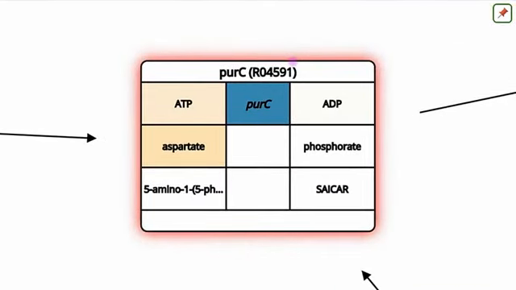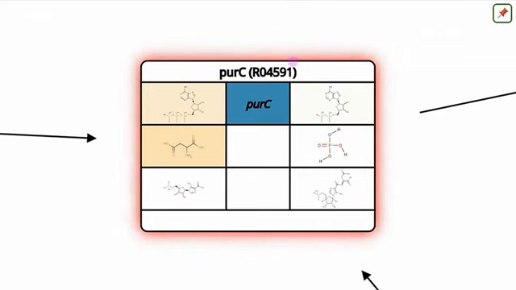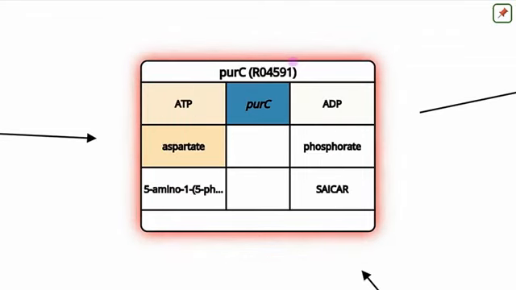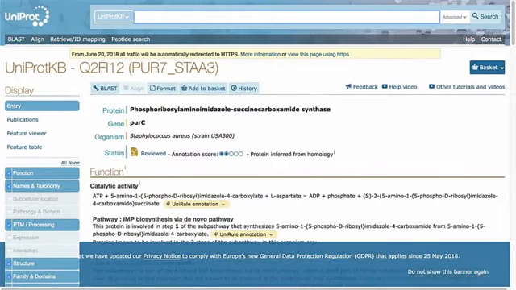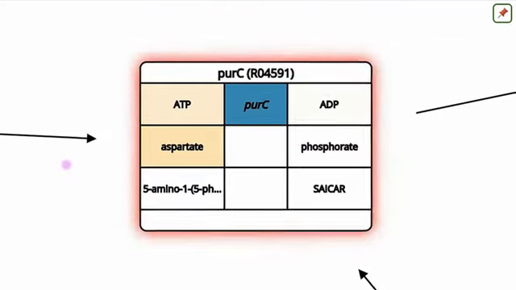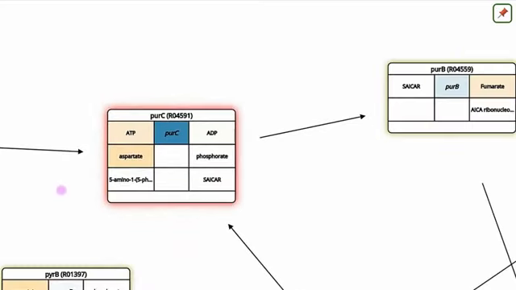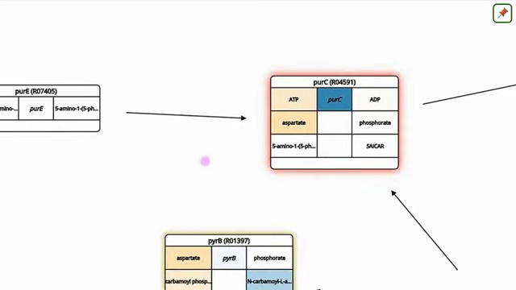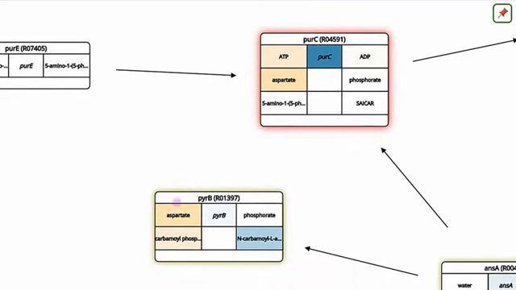And if you forget structures, you click a button, you can see the structures. If you forget all of the textbook information about Pure C, you can go to UniProt. So there are link outs to the relevant information, but basically you're seeing the quantitative information to the extent that it's available. The only downside of this view is that some quantitative measurements are overrepresented because they occur in more than one reaction.